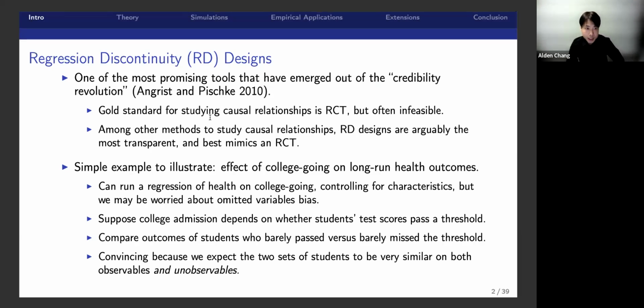So the RD design is one of the most promising tools that has emerged from the credibility revolution, which is a movement in economics to develop empirical methods that will allow us to study causal relationships.